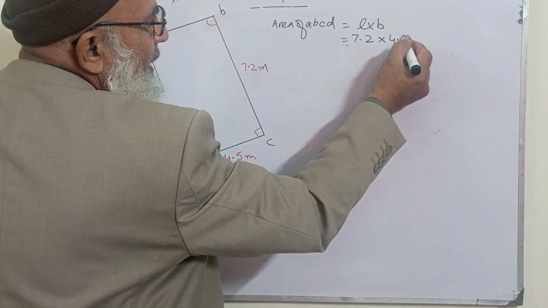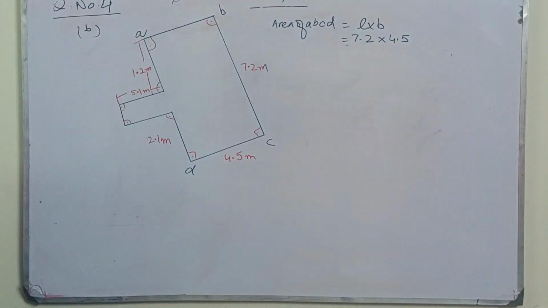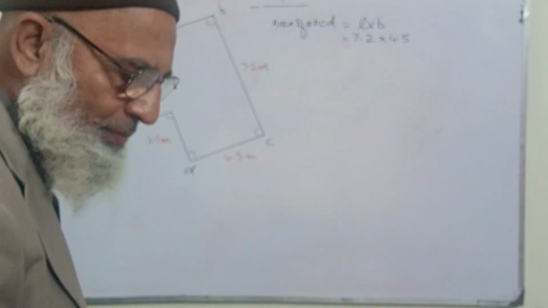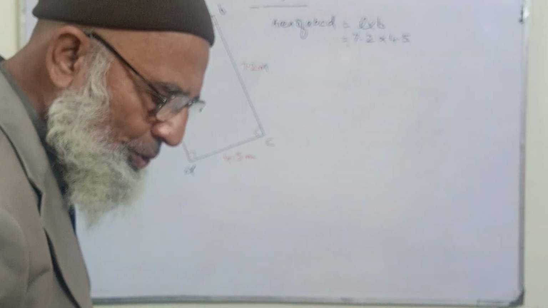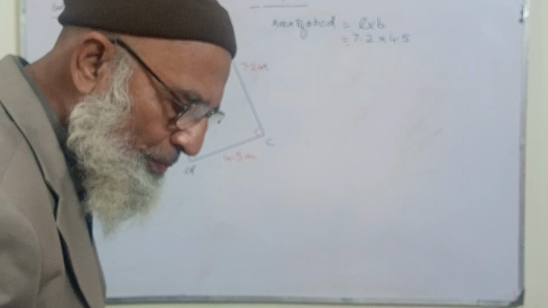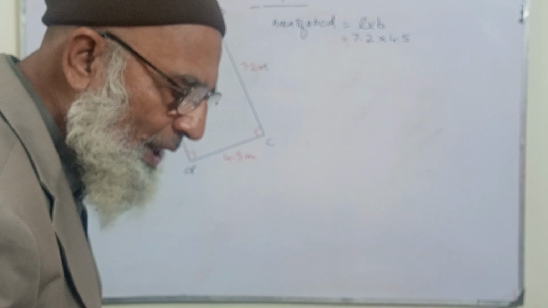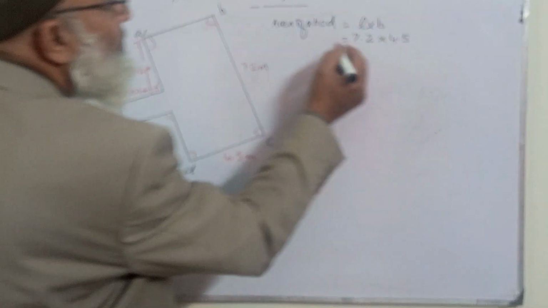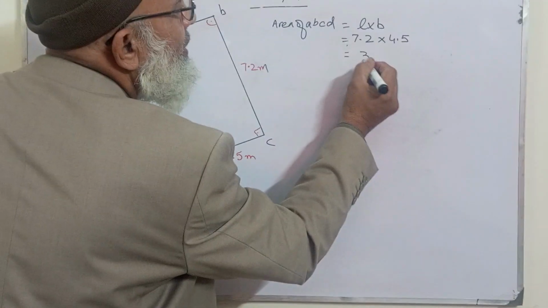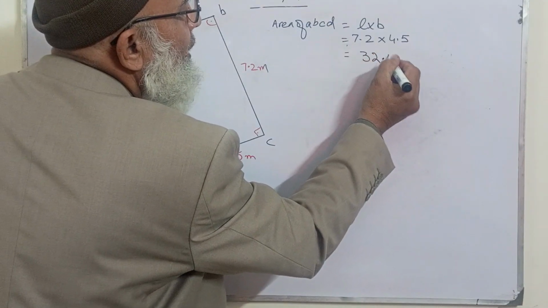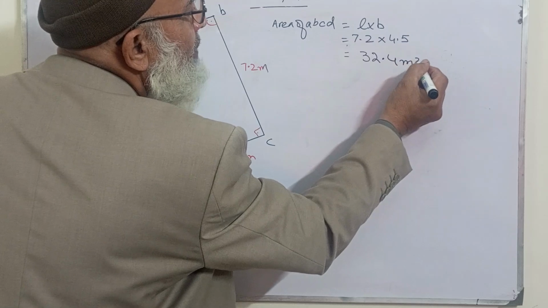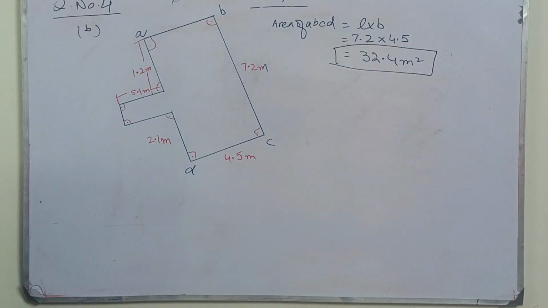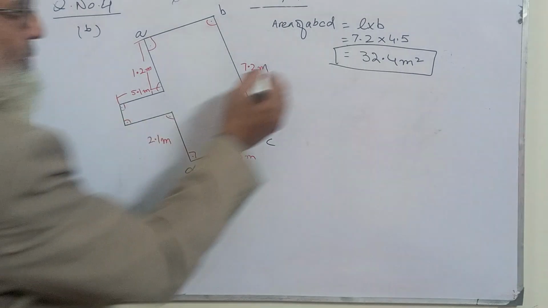Let me multiply it, then I'll show you. This is 32.4 meters square. Now keep this answer with you. This is answer number 1.